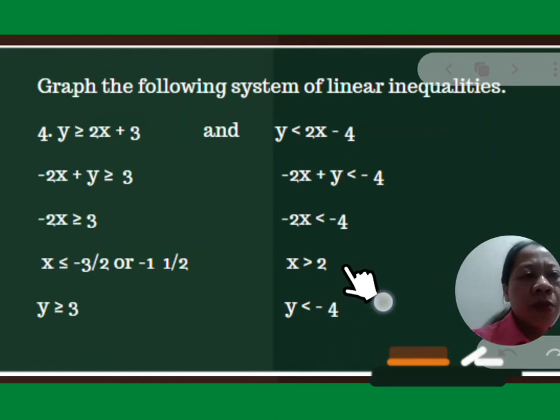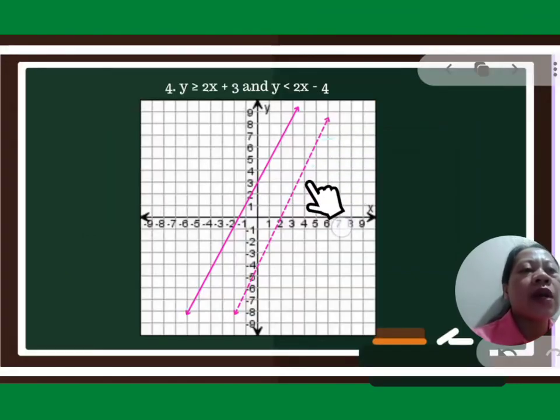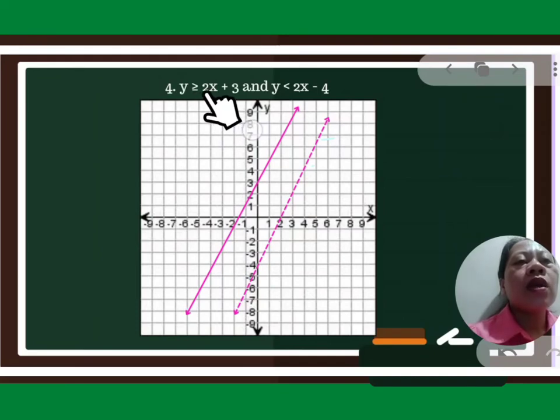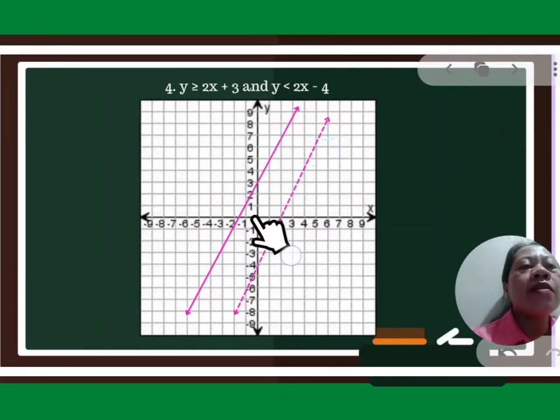Dahil meron na po tayong x and y intercept sa pangalawang inequality, ito na po yung time na i-draw natin yung dalawang lines. Ito yung line ng unang inequality, dumadaan sa may positive 3 sa y-axis at negative 1 and 1/2 dito sa may x-axis.